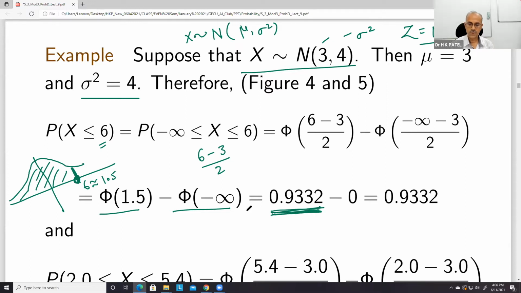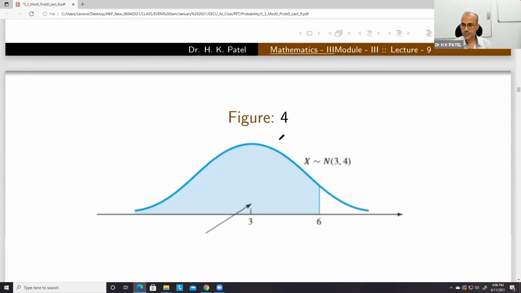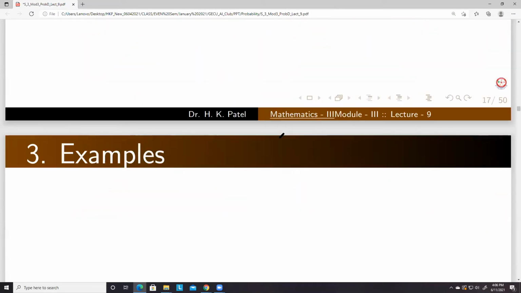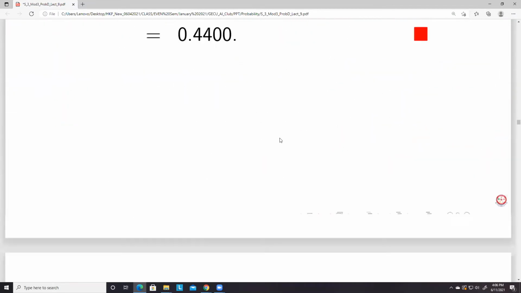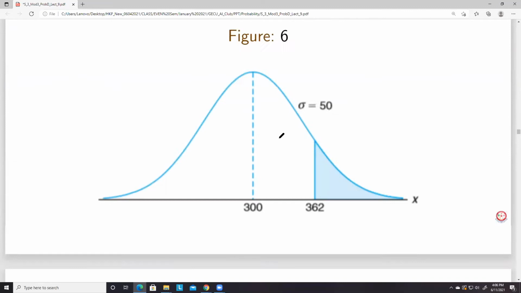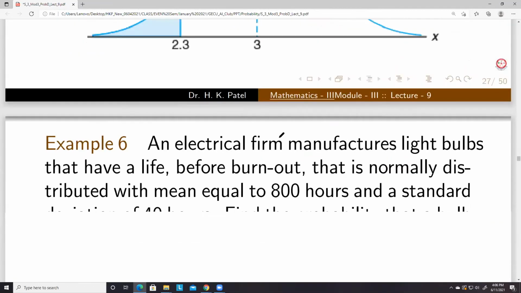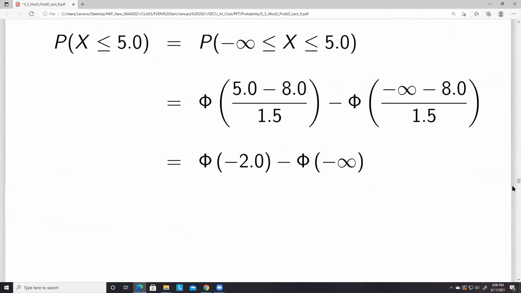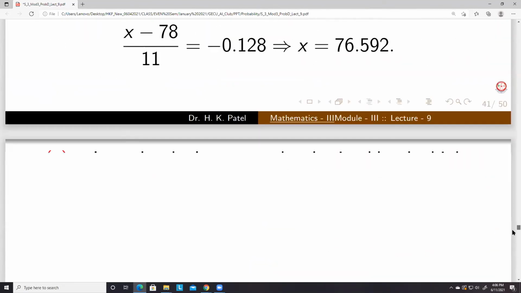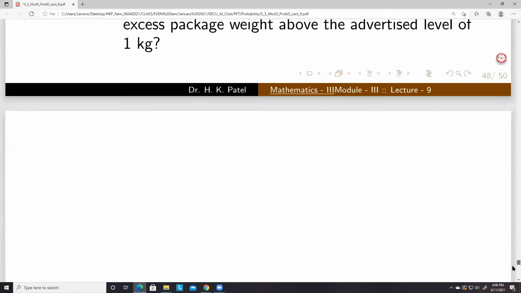Okay, so I hope, otherwise I can show. I think this normal table will be here. Yeah, sir, I think better to show once, because nobody has seen it, I think. Yes.